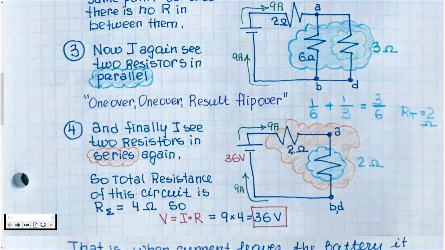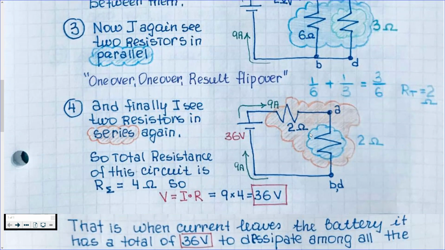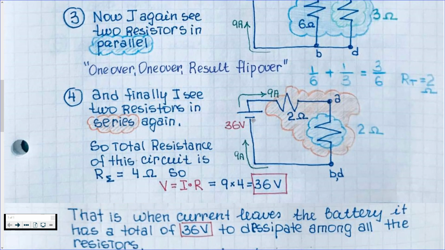Because it's in series, I have a 2 ohm resistor and a 2 ohm resistor, so my total resistance becomes 4 ohm. My total resistance in the circuit is 4 ohm. I know the current is going to flow the same through both of these resistors. So that gives me that my voltage is actually 36 volts. My source is I times R, and R is 4.